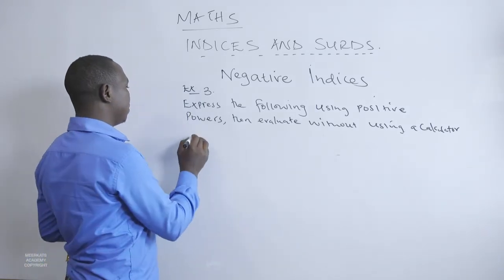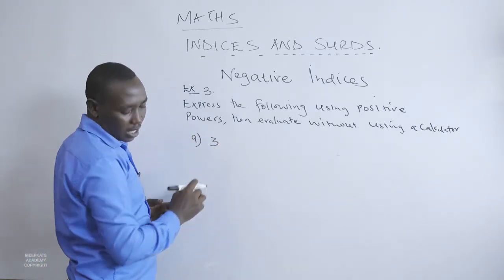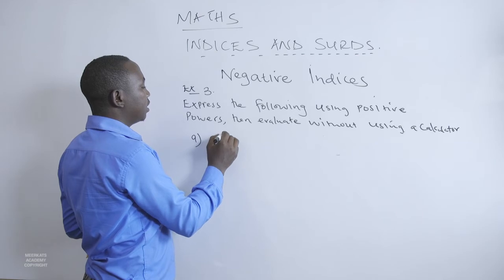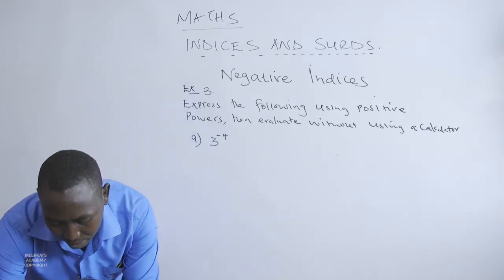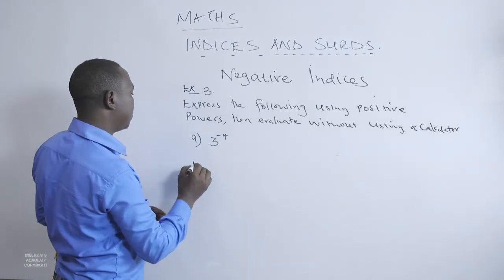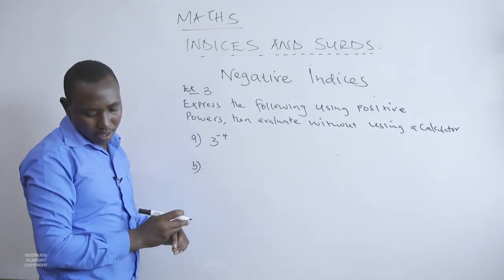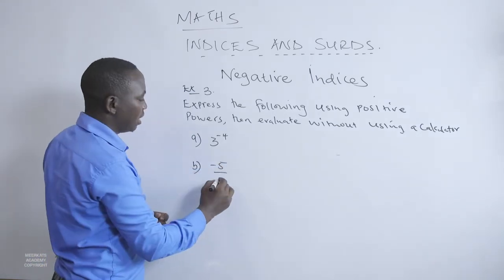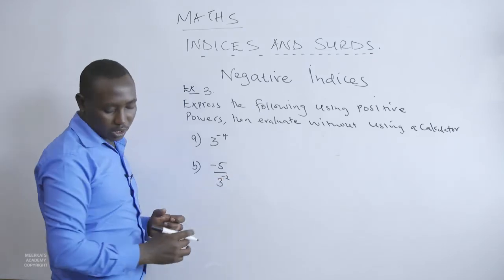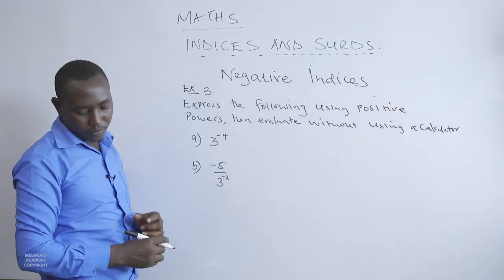Number 1, we have 3 raised to negative 4. Number B, we have negative 5 over 3 raised to negative 2.